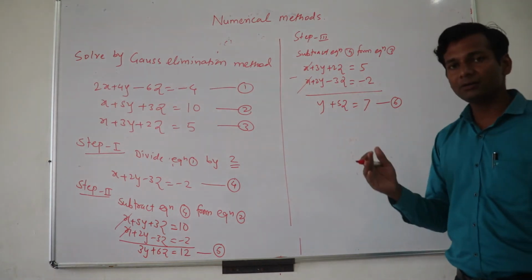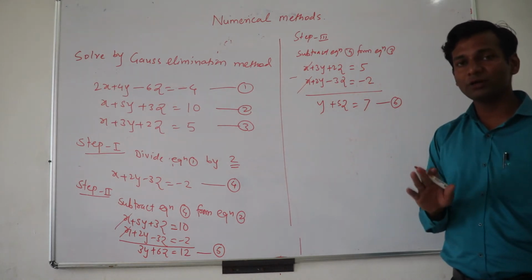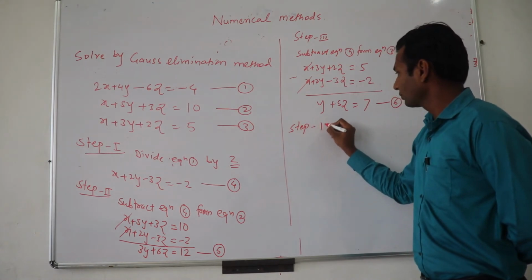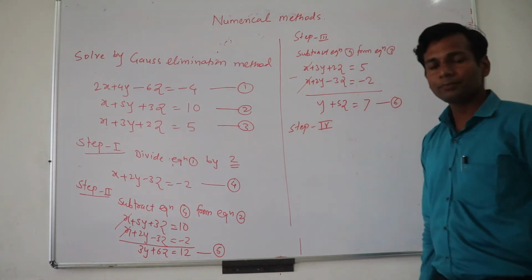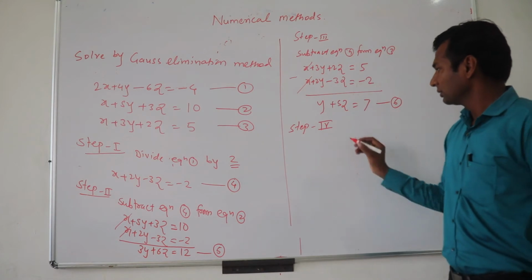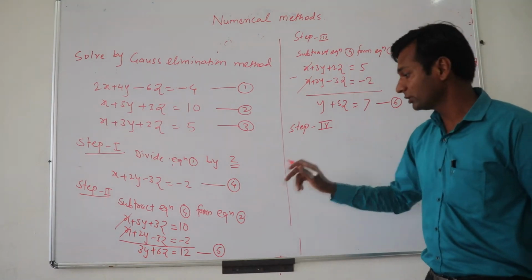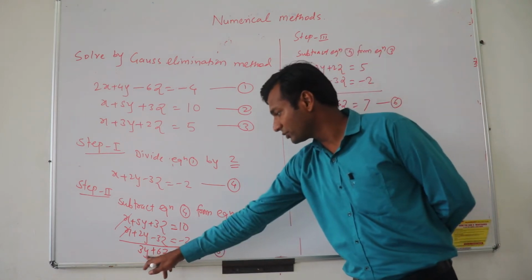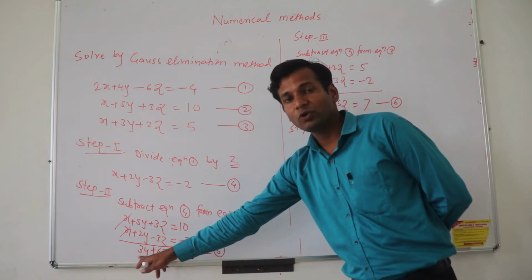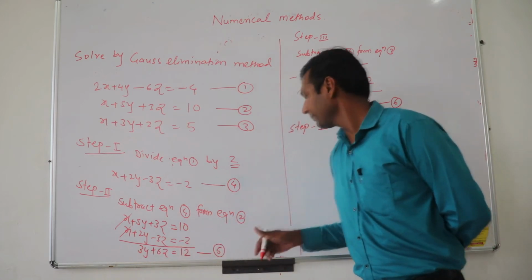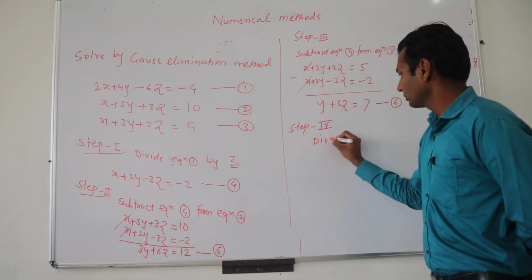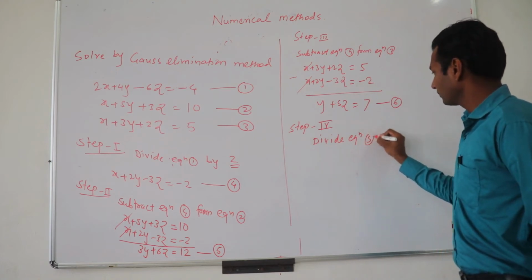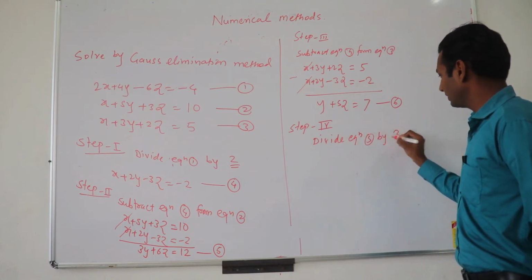Now, second, we have to eliminate y. So I give it as step number 4: we have to divide. See equation number 5: the coefficient of y is 3, and we want it to be 1. So divide equation 5 by 3.